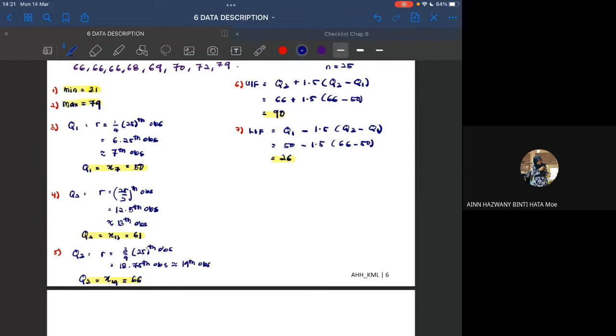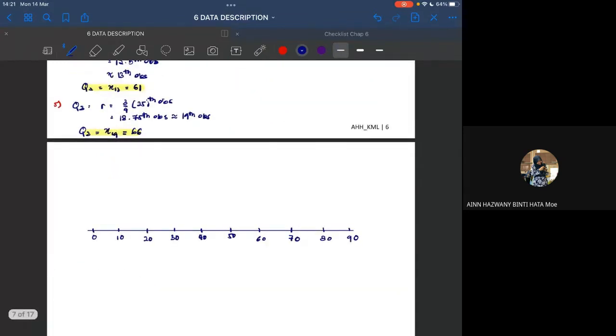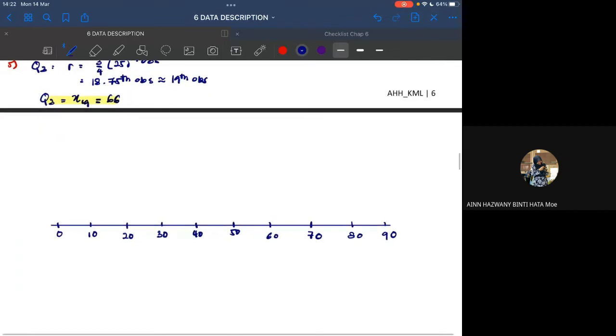Betul-betul dekat nilai scale lah, macam kamu buat graph. Saya tak boleh nak buat betul-betul, so you have to follow the ruler. So minimum is 31, so 31 is here. Ini ialah 31.